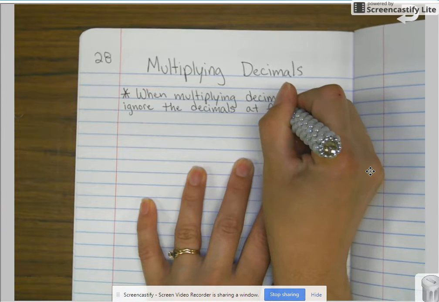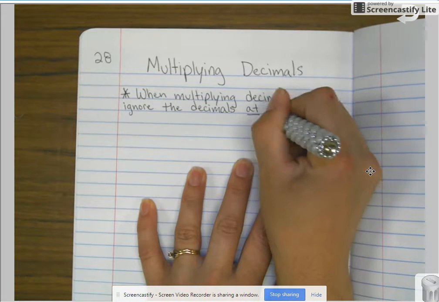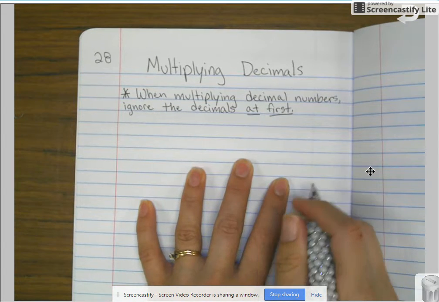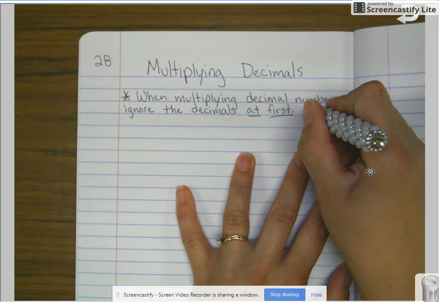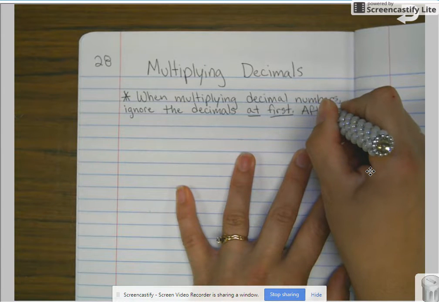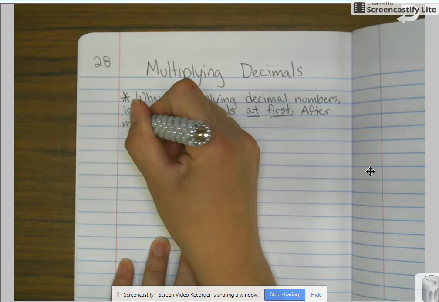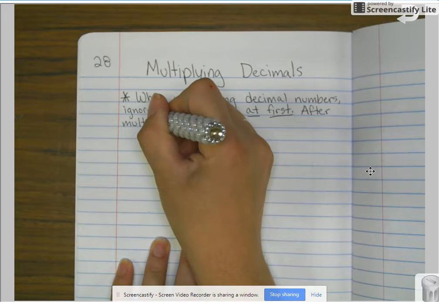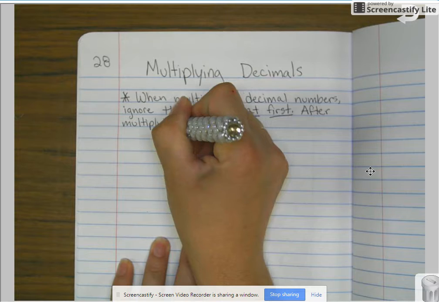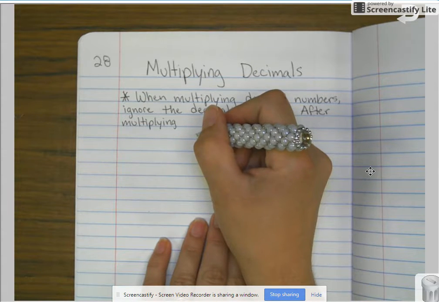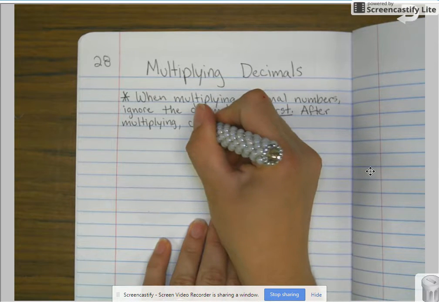Now, that doesn't mean ignore them the entire time. Okay, after we're done multiplying the numbers, so after multiplying, count the decimal places.